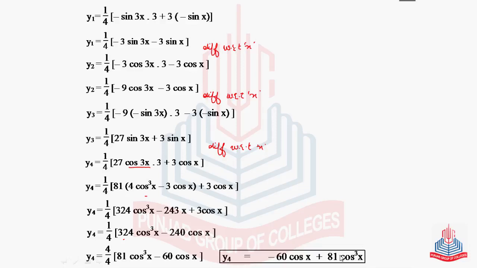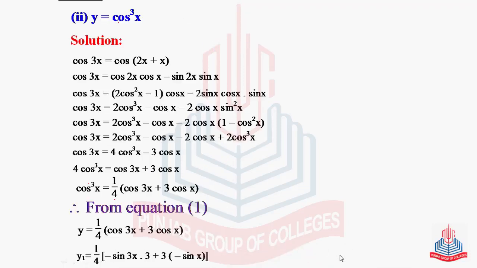So this is an approach to find the fourth derivative or multiple derivatives of a function which is in exponent form. But we can differentiate y is equal to cos cube x in another approach. Y is equal to cos cube x, then the first derivative y1 will be 3 cos square x, using the power formula, and the derivative of cos x will be minus sin x.